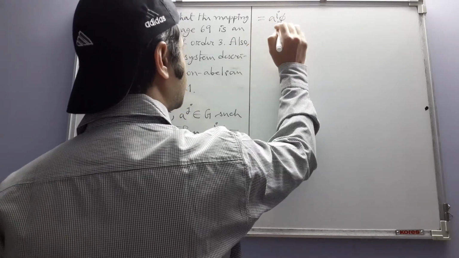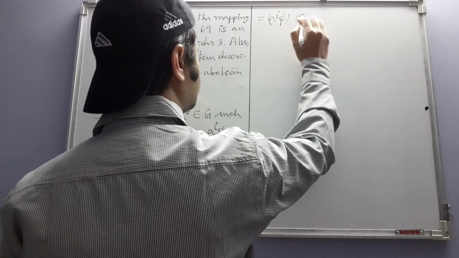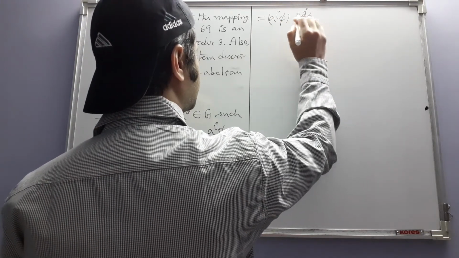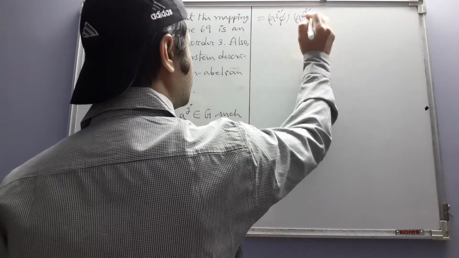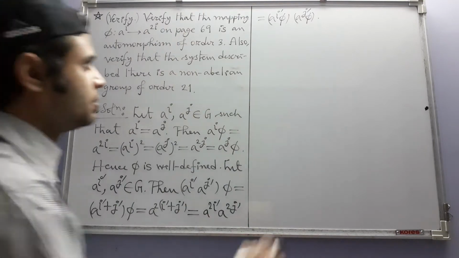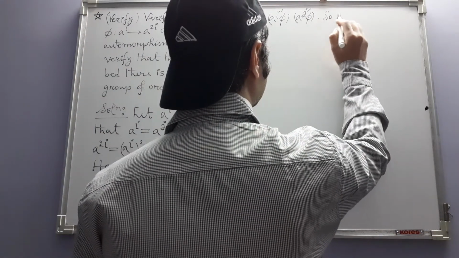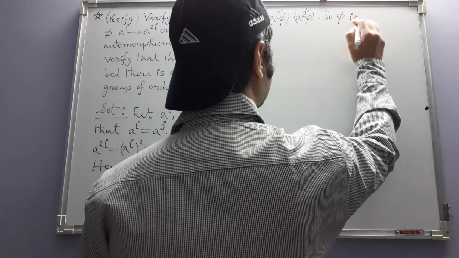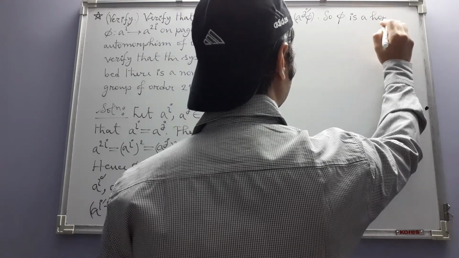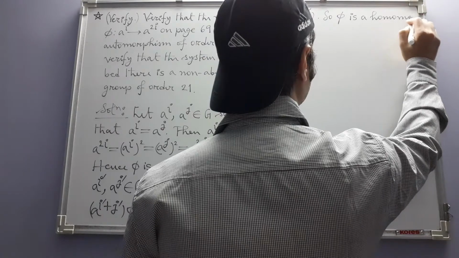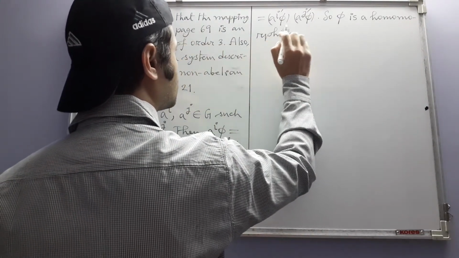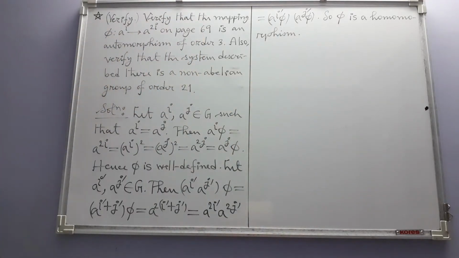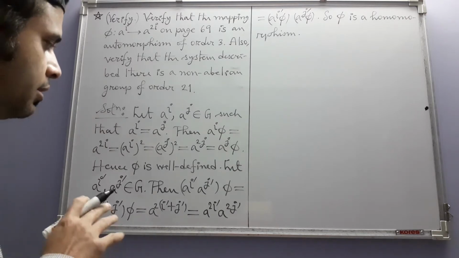This is the phi image of a to the power i, and the other one is the phi image of a to the power j, prime, i prime and j prime. So phi is a homomorphism.